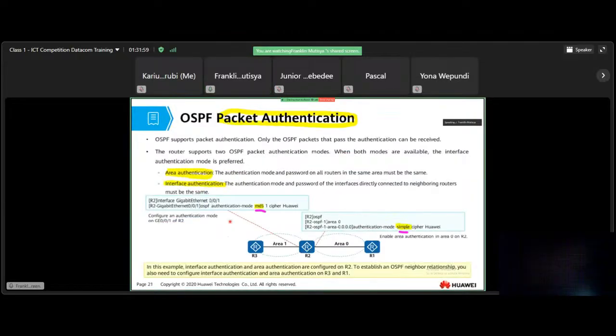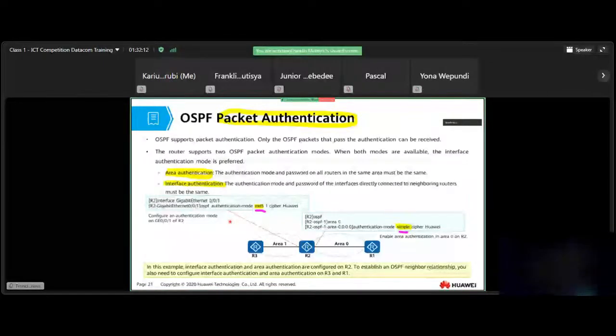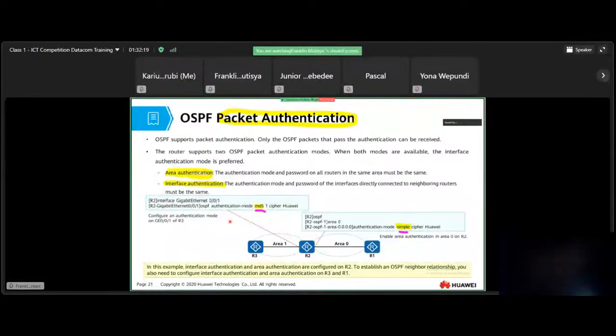Now, the other concept that we're going to look at is OSPF packet authentication. OSPF packets can be authenticated, and we have two ways in which we can authenticate OSPF packets. One is by authenticating the area, and that's what we call area authentication.